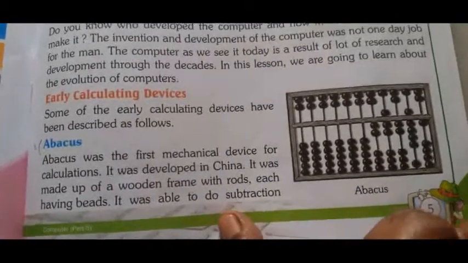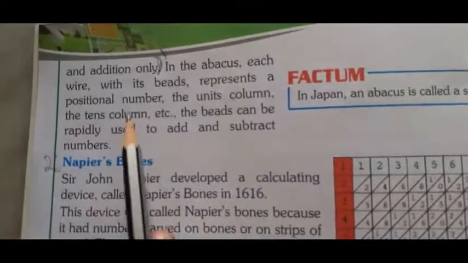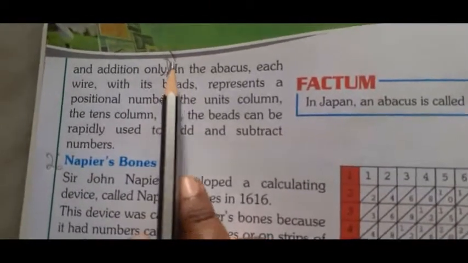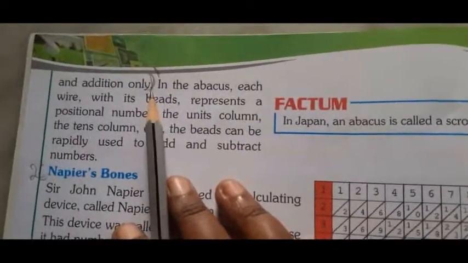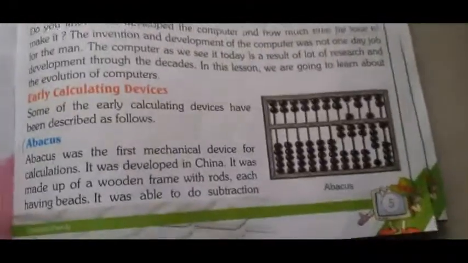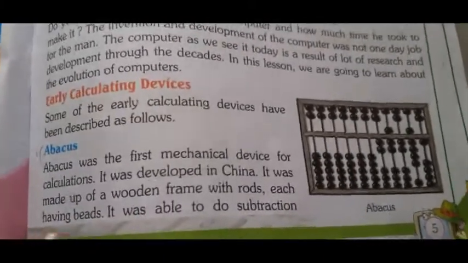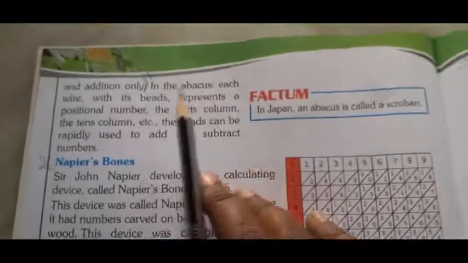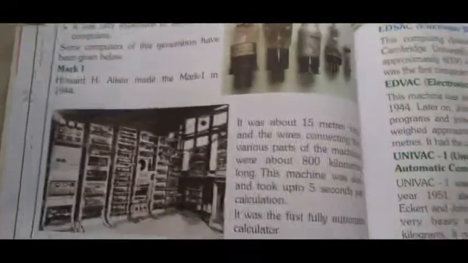It was able to do subtraction and addition only, on page number 6, first line, up to here. You should write the first question answer. From where onwards? Page number 5, last paragraph, abacus, and from here onwards page number 6, first line, and addition only, up to here.